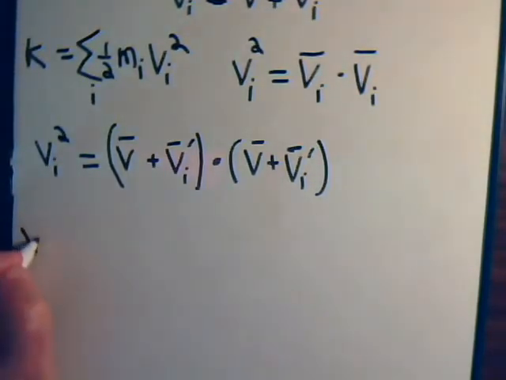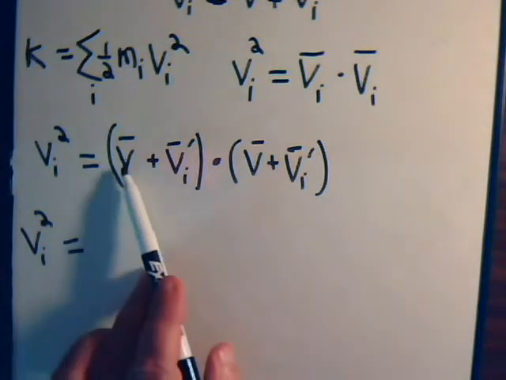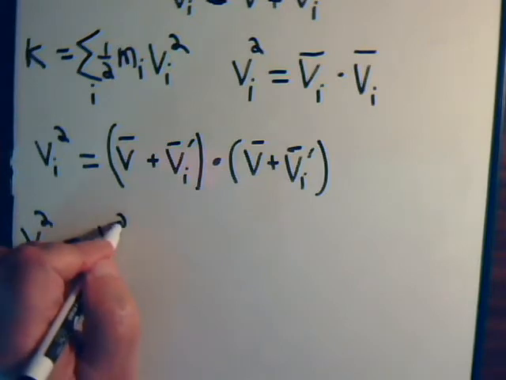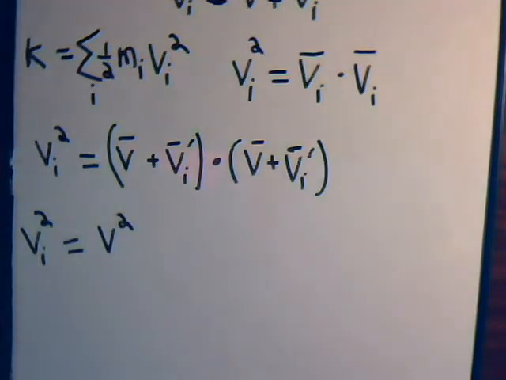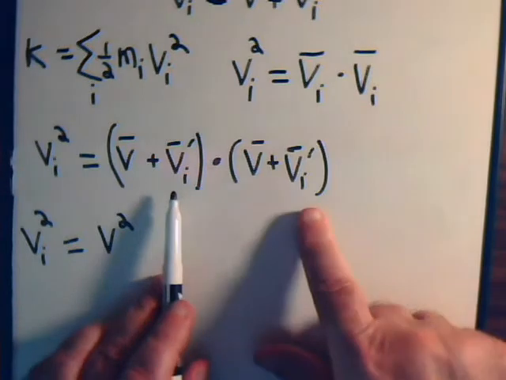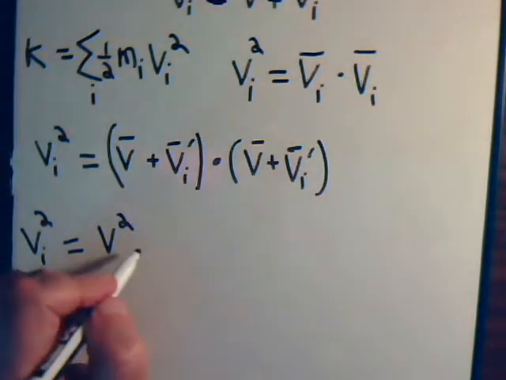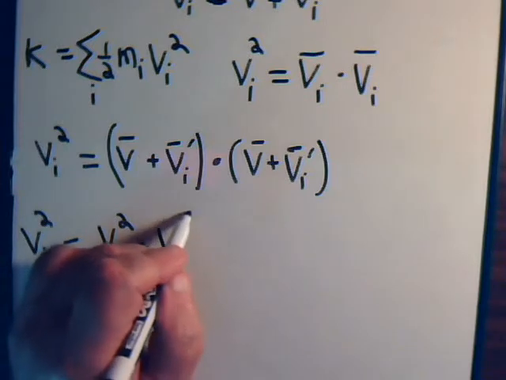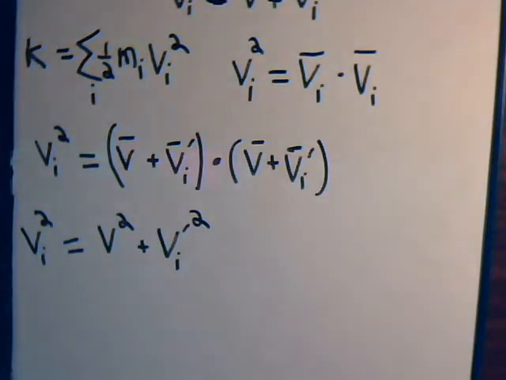So vi squared equals this dot this, that's the velocity squared of the center of mass, plus this dot this, that's the velocity squared of any particle relative to the center of mass.